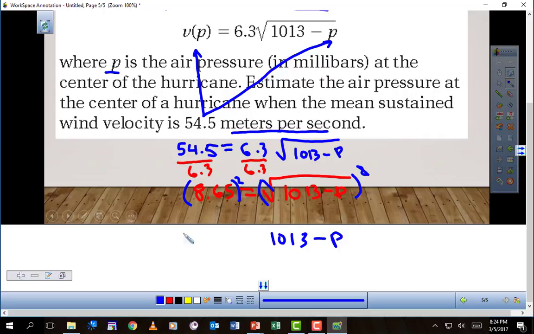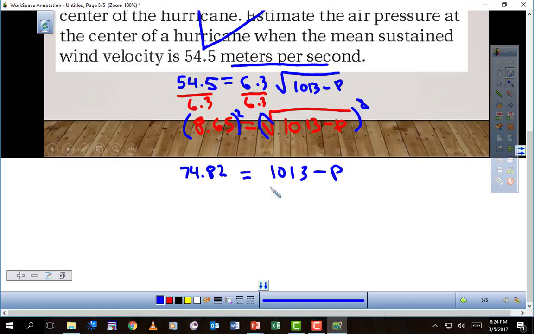I get 74.82. And so then what? Let's see. I need to subtract the 1013, move this over that way. So subtract 1013.